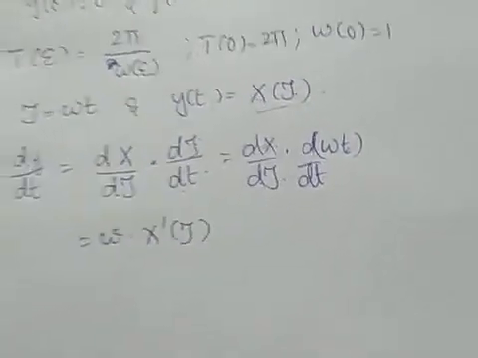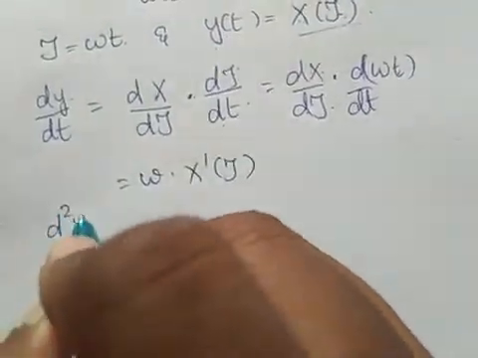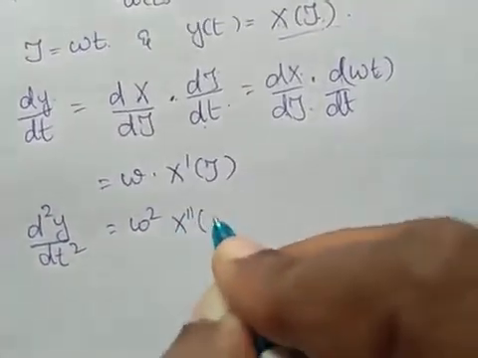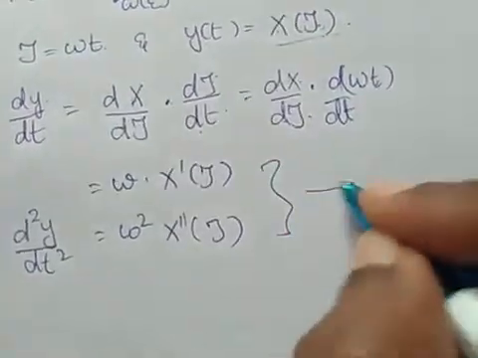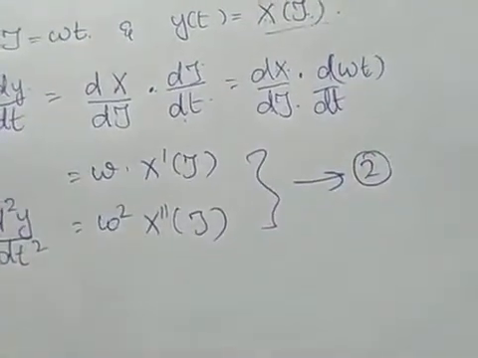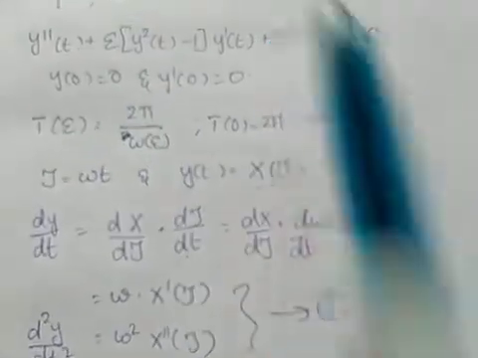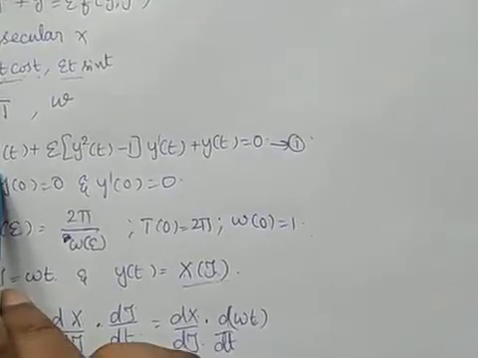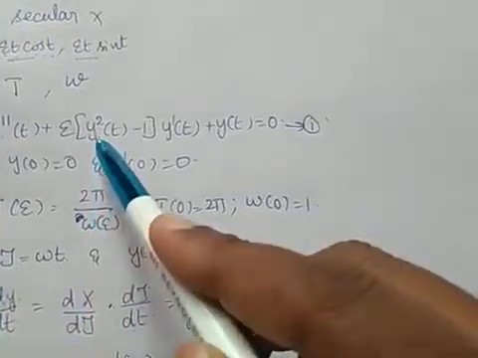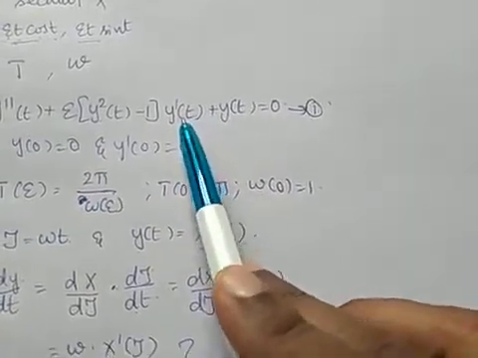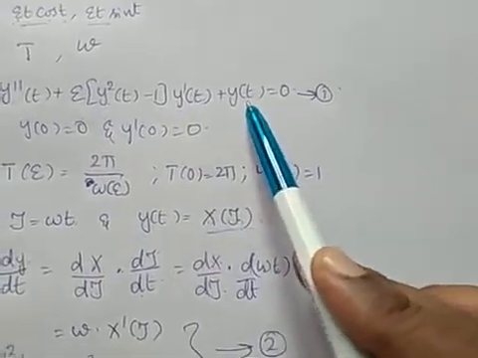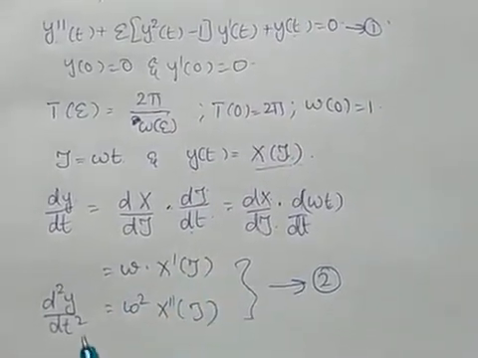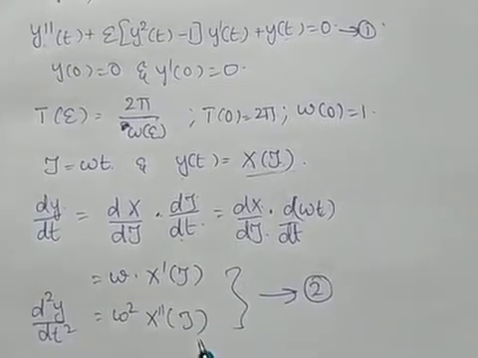Similarly, if we find d square y by dt square, we will get omega square into x double dash of tau. So this is our equation 2. Now we are going to substitute this in our equation 1. Y is x, y dash is omega into x dash, y double dash is omega square into x double dash.